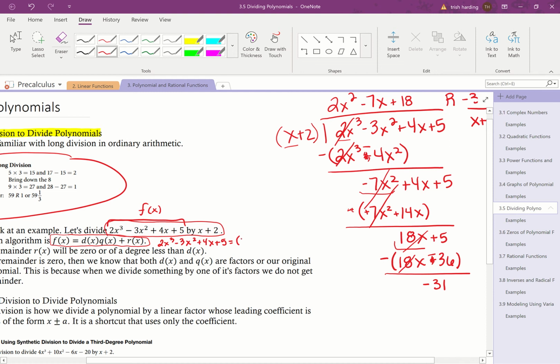So that's x plus 2. Q is the quotient, which is what we get up here, 2x squared minus 7x plus 18. And then R of x is our remainder, which is the negative 31 over x plus 2. This is d of x, this is q of x, and this is r of x.